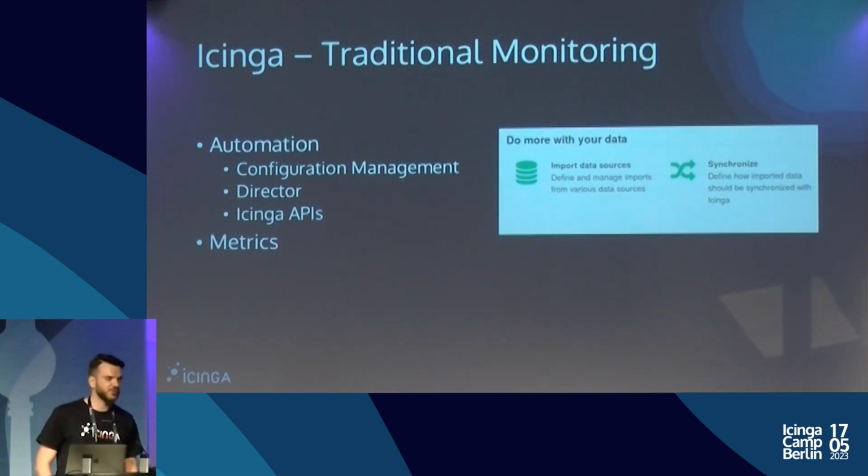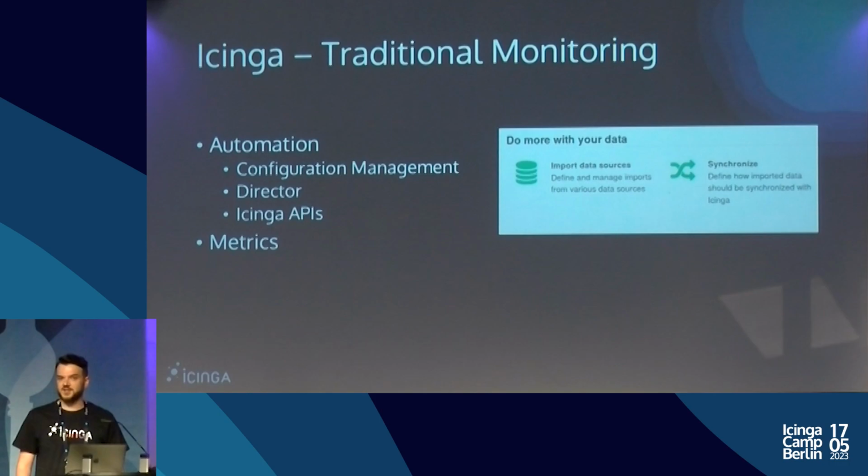Of course, with traditional monitoring, we also have some automation. We have configuration management, which we saw earlier. We have our Director with the various import sources where we can get configuration in from various tools. Then we have the Icinga APIs where you can also push new objects in. And metrics you have rather automatically through the performance data of check plugins.